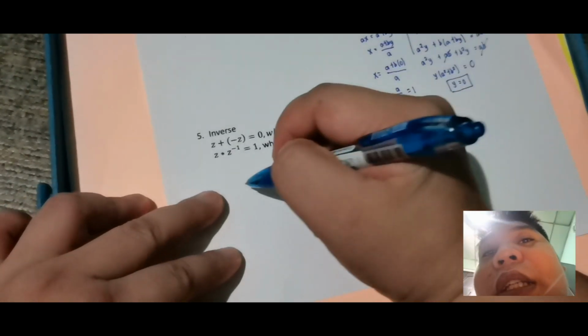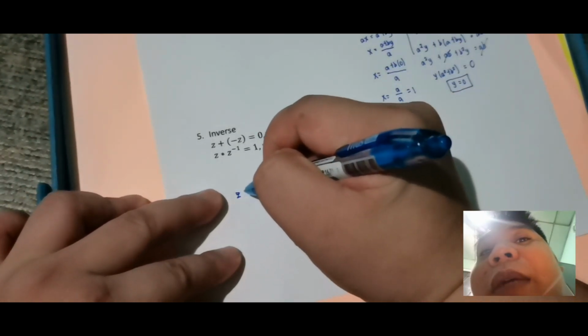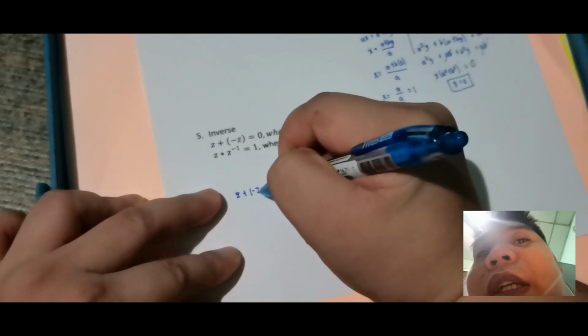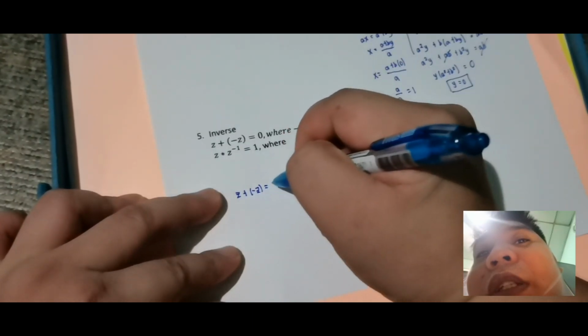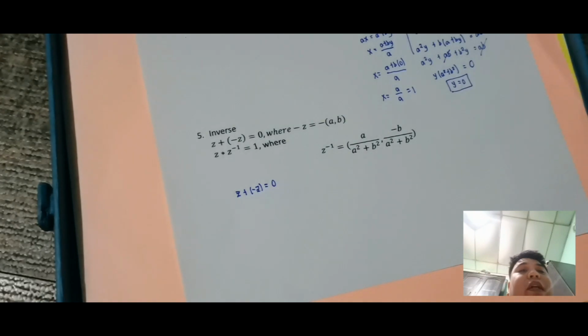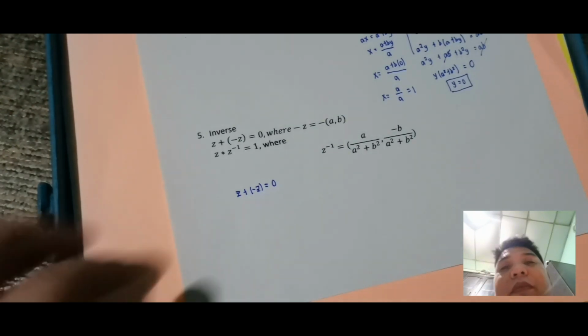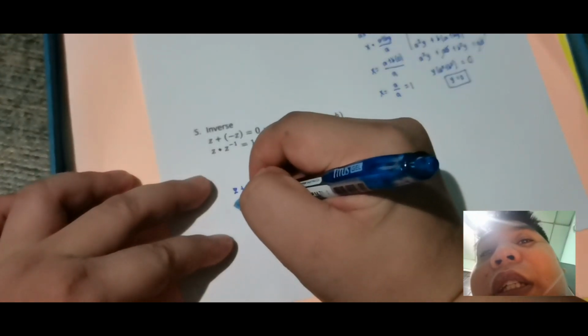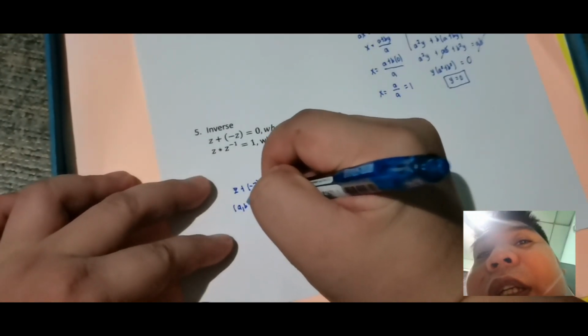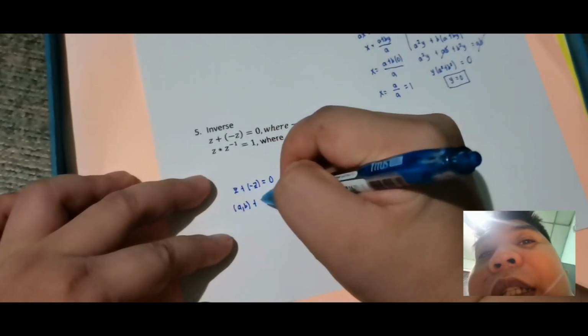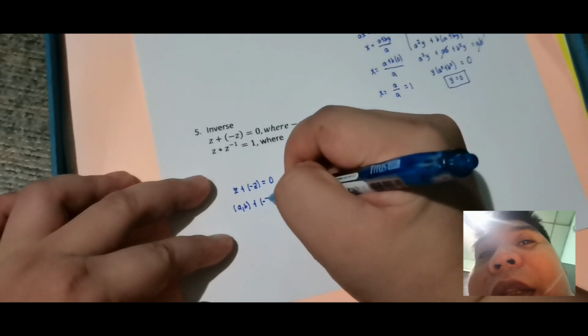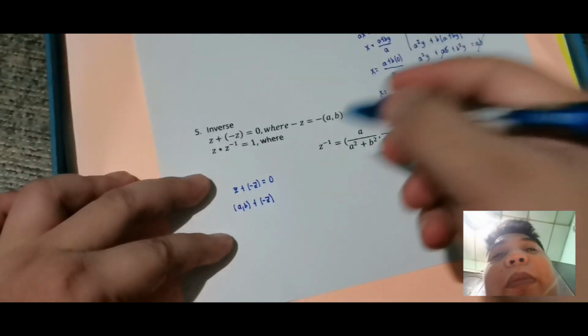Okay, so consider natin si Z. Again, diniderive ko lang, hindi ko pinuprove. Negative Z is equal to 0. Okay, so alam na natin 0, that is (0, 0). So hindi natin alam yung value ng negative Z. Okay, so Z is (A, B) plus negative Z pa rin. Okay, so hindi ko siya pinapalitan.